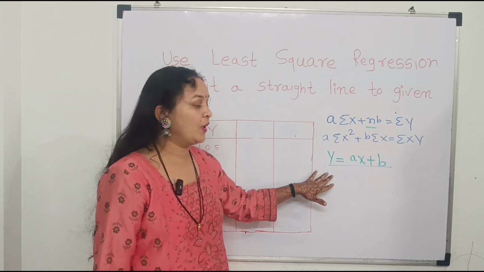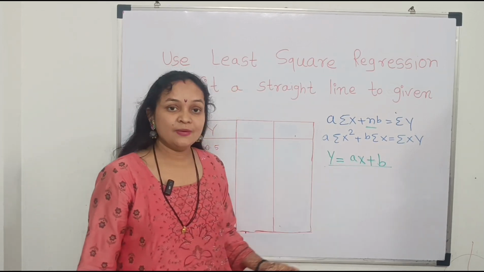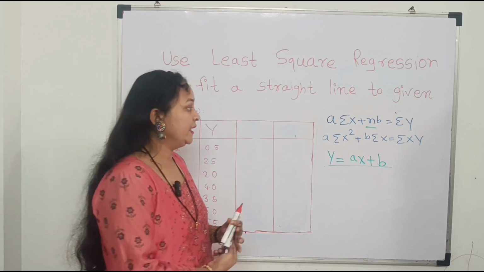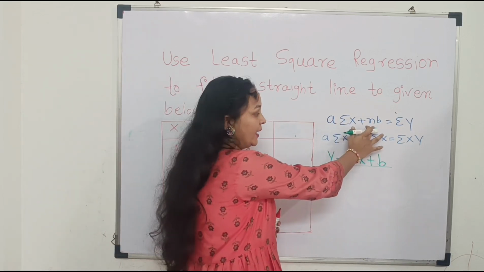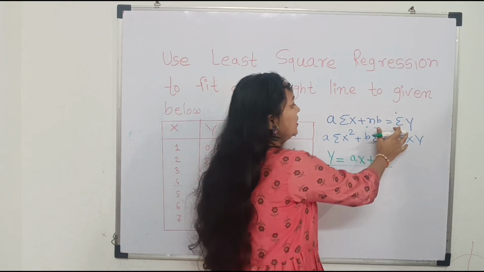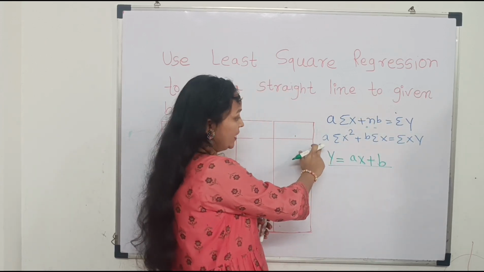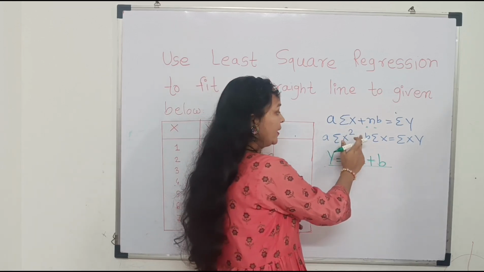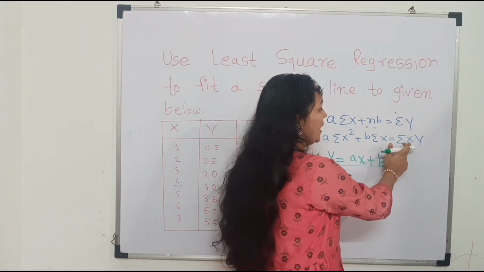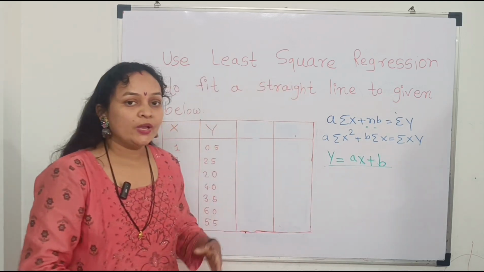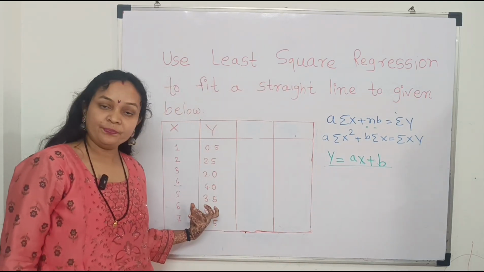That is nothing but y is equal to ax plus b, and the desirable form of this equation becomes: a summation of x plus n b is equal to summation of y. The second equation is a summation of x square plus b summation of x is equal to summation of x and y. So x and y is nothing but this data set they are giving, right?